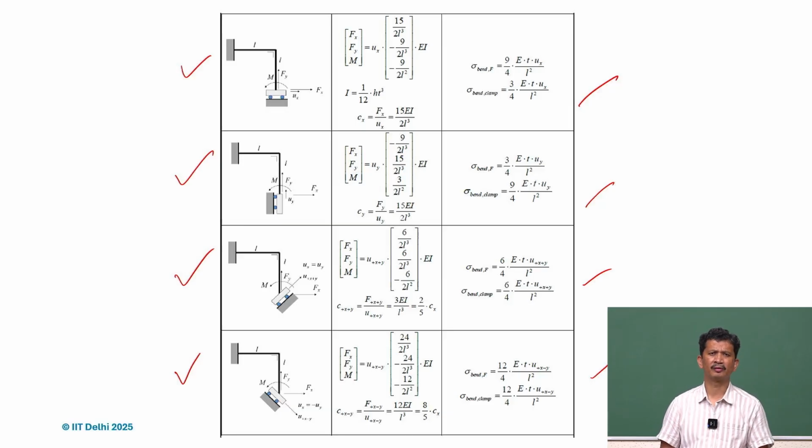Some of the concepts, like effective stiffness and transmission ratios, we can use to calculate the overall stiffness. For instance, if you are using a planar stage with three folded sheet flexures, what will be the overall stiffnesses in the different directions? What will be the stiffness in the bearing direction or the constraint direction? We should be able to calculate that. So we'll take some more examples and try to explain.